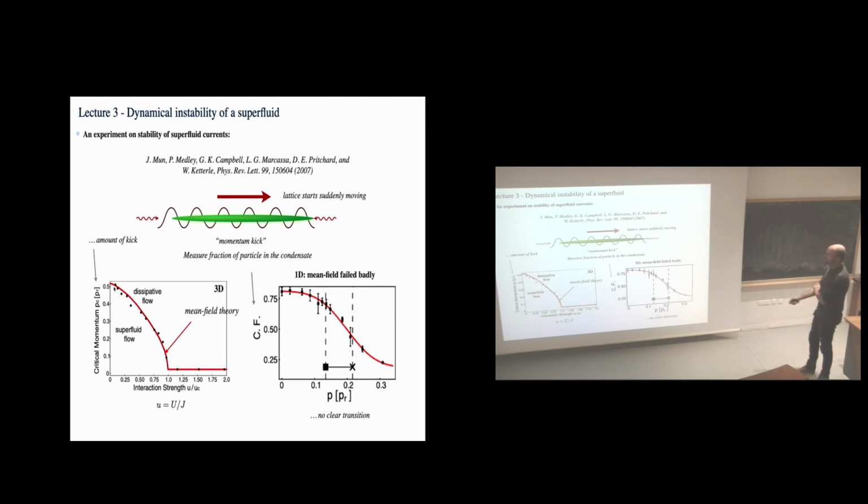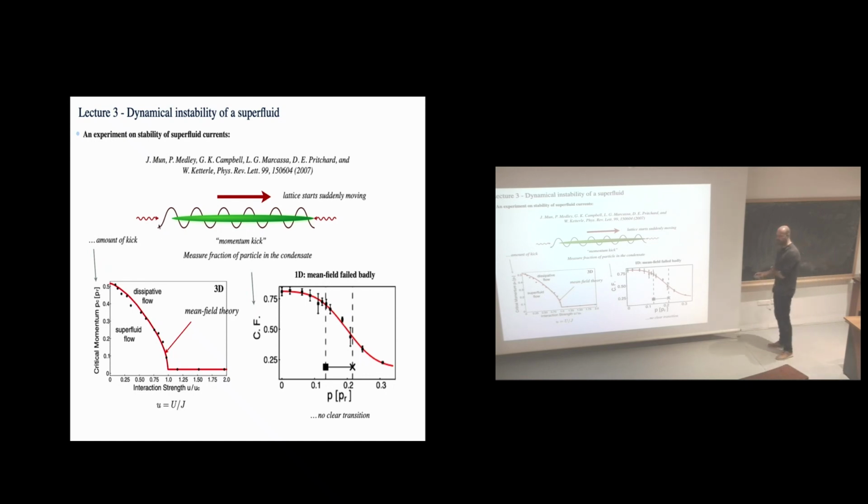Then they determine the point at which the superfluid is really destroyed. Over here it's destroyed, and here it remains completely stable. That's for a 3D optical lattice, so this is really the full 3D thing. They just kick it in one direction and check if it survives. And there's a beautiful match with the Gross-Pitaevskii theory. The mean field theory is just this line, and the experimental points were exactly following it.